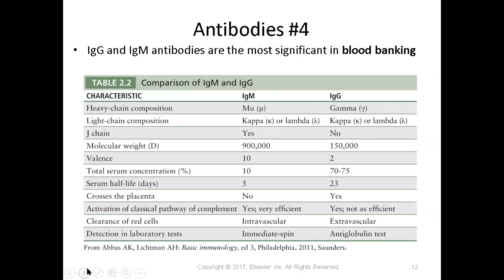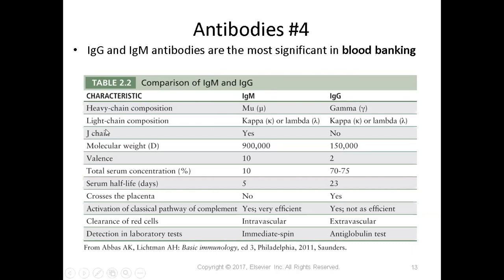So this is table 2.2 from our textbook, and this is a good comparison of IgM and IgG. I'm going to talk a little bit about some of the things that are most important. Of course we know that the heavy chains tell us which class of antibody we have, so IgM has mu and IgG has gamma, and hopefully that's logical. We know they have either kappa or lambda.